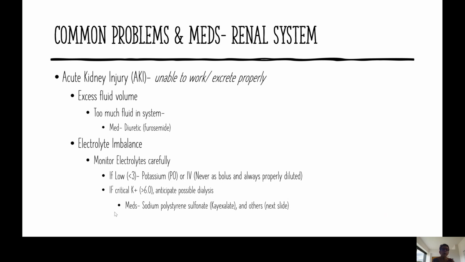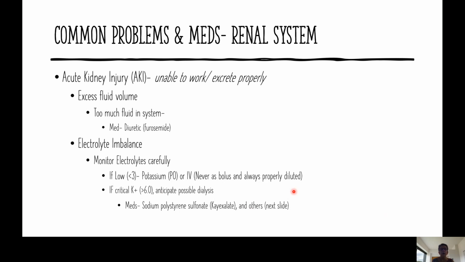In addition, we have to watch with our acute kidney injury, electrolyte imbalances can occur quite easily. One of the big ones that we worry about is potassium. If it's too low, less than 3, we need to give either potassium by mouth or IV. Never give it IV as a bolus, and it's always properly diluted and at a very specific rate.